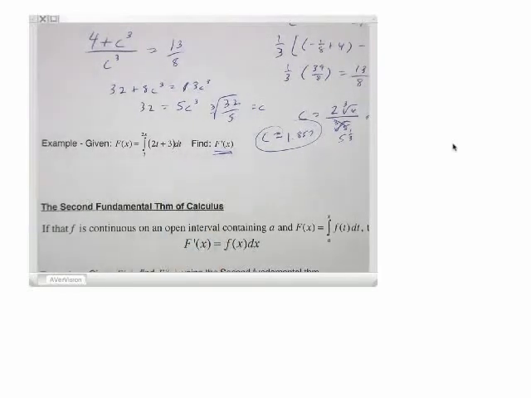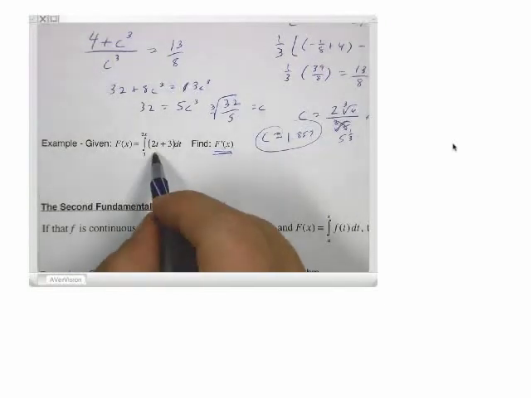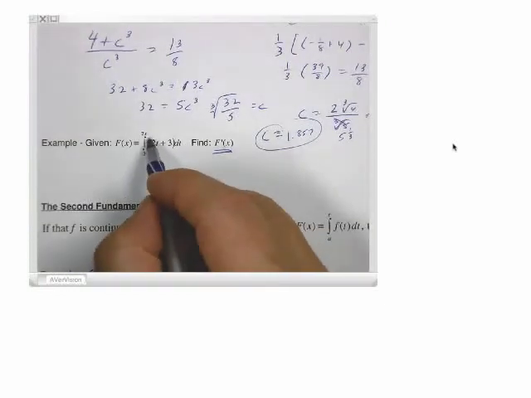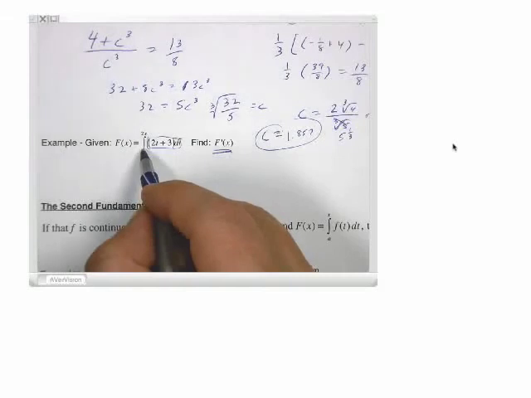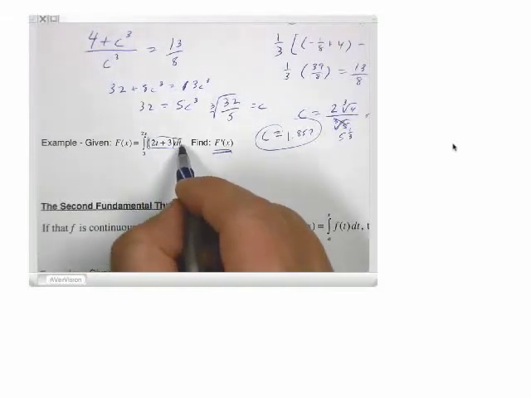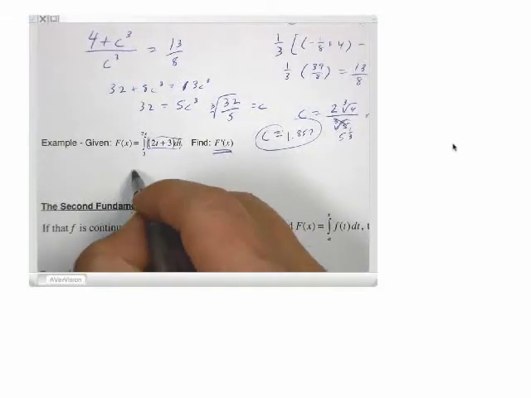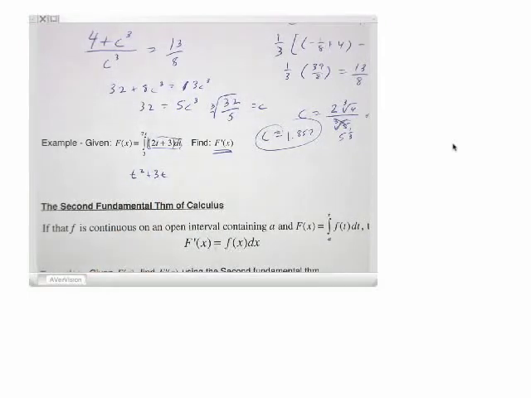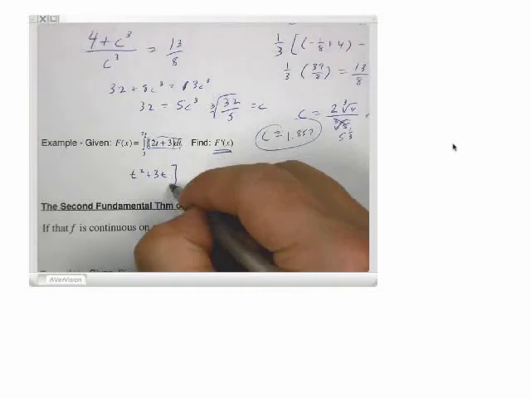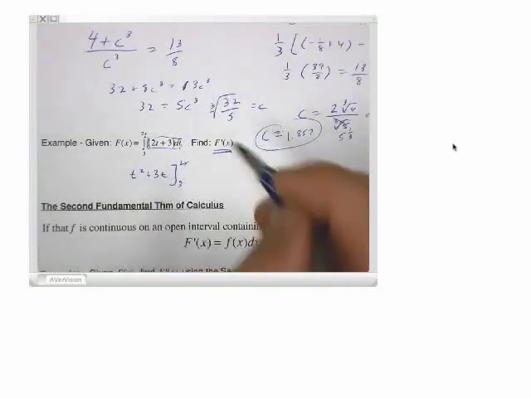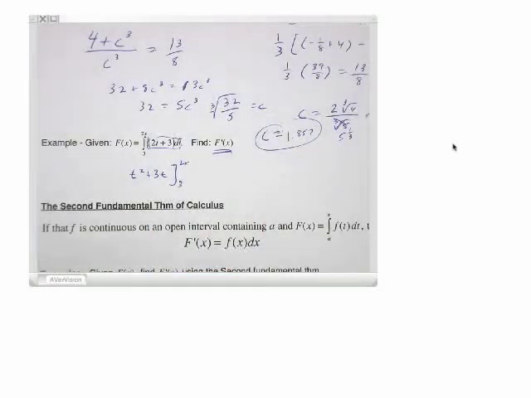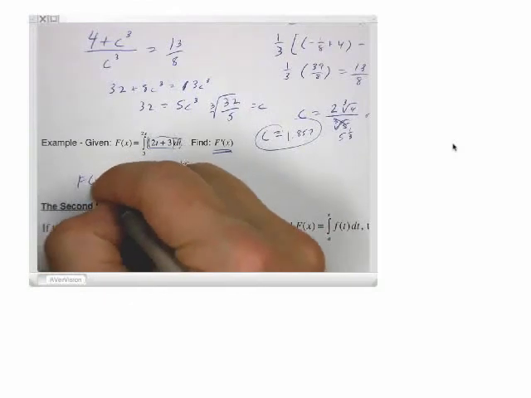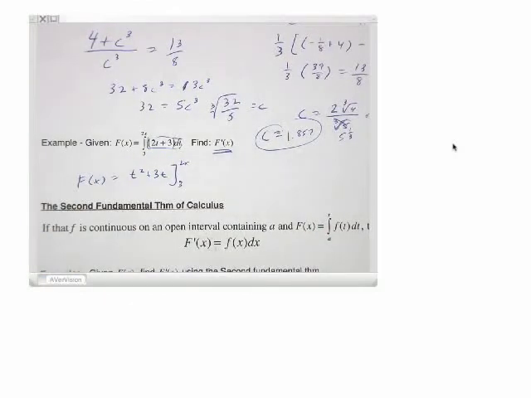All right, so first of all, if I were to integrate this function with respect to t, so not paying any attention to limits right now, if I was just going to integrate this with respect to t, because it's dt, 2t would become t squared, and 3 would become 3t. Okay? Now I'll put my limits in there. So we have 3 and 2x. Okay? So f of x is still equal to what we've found right now. Okay?